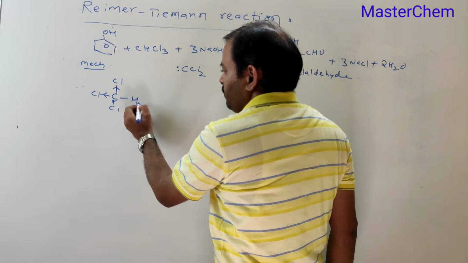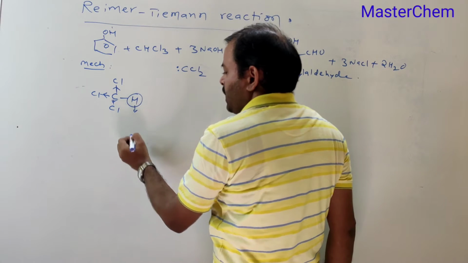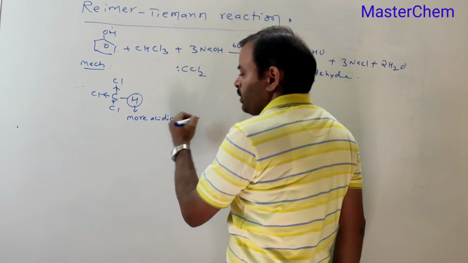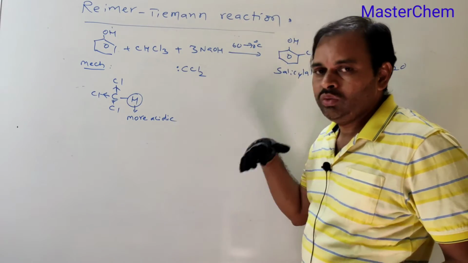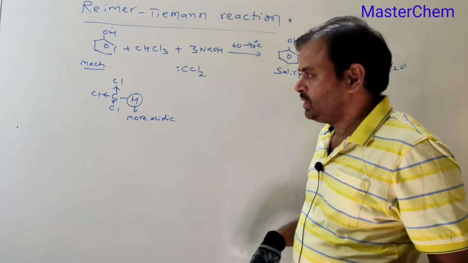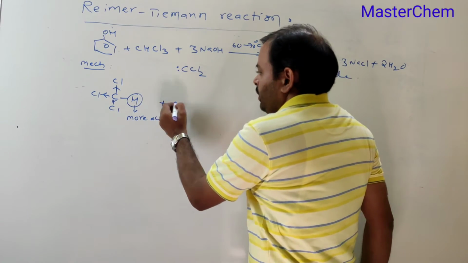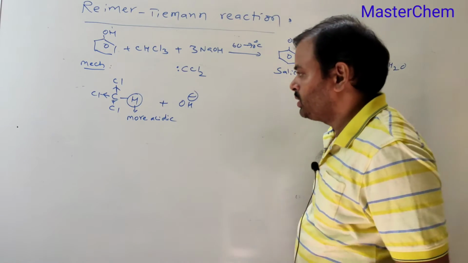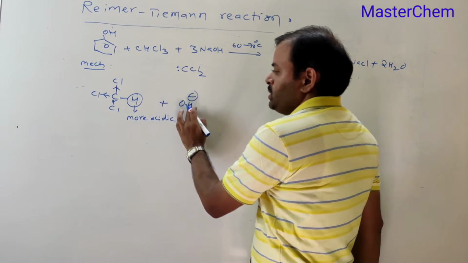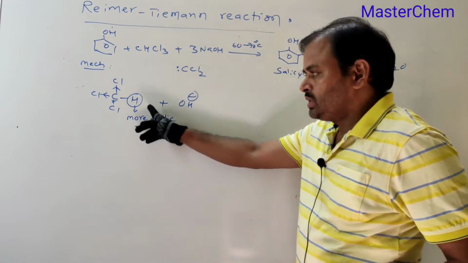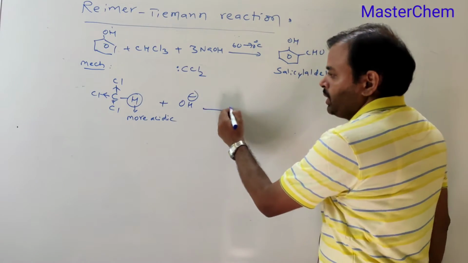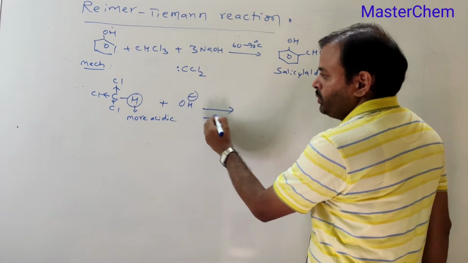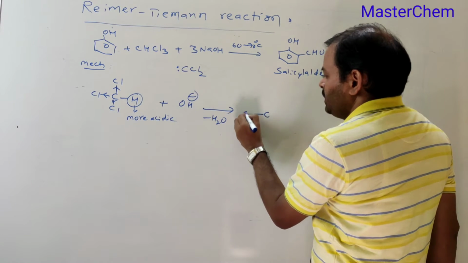Due to this, this hydrogen becomes more acidic, meaning it can leave as H plus very easily. That's why OH minus from sodium hydroxide picks up this H plus and becomes H2O, and what is the remaining?